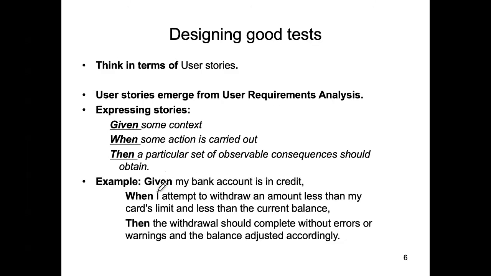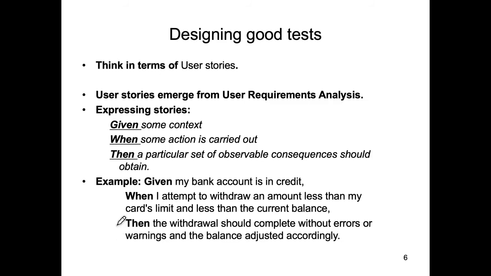That's the starting point. When I attempt to withdraw an amount less than my credit limit and less than the current balance. So that's the inputs that I'm going to provide to my application. And here's the expected behavior or outcome, which you can read.